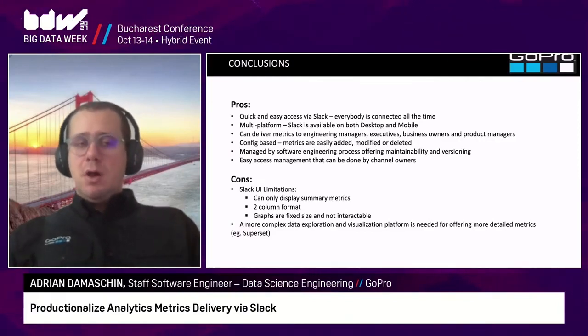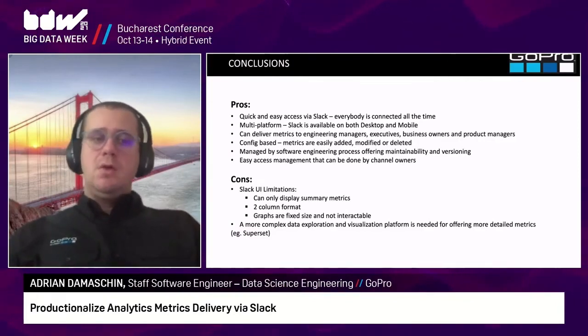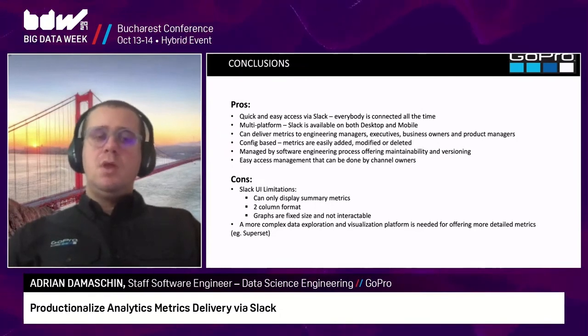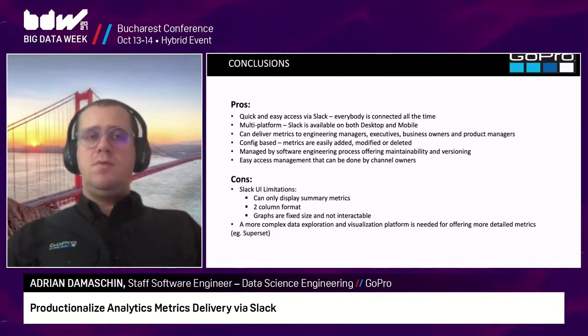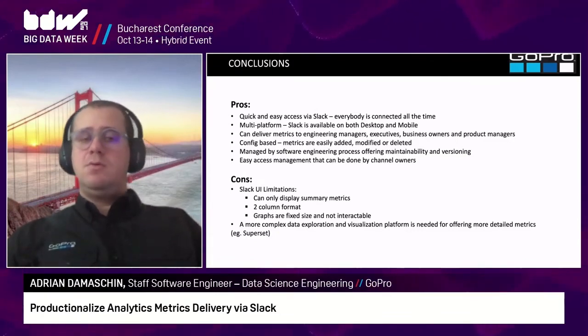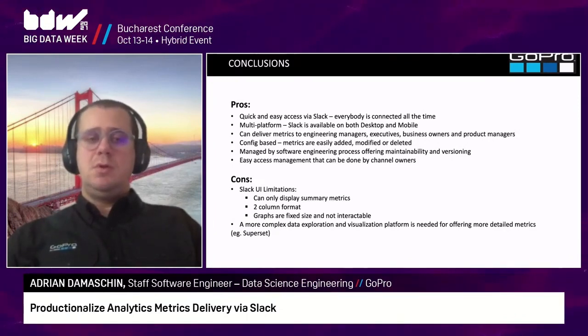But there are also some cons. We have a Slack UI limitation. We can only display summary metrics. So this is not really useful if you want to slice and dice metrics, like interactive graphing and so on. The graphs are generated before the message gets pushed. There is a single graph, so it's not possible to change the graph or anything else.